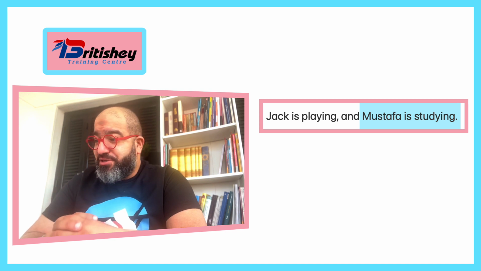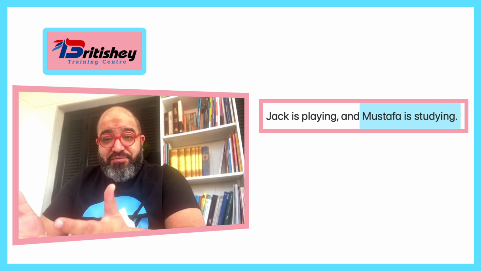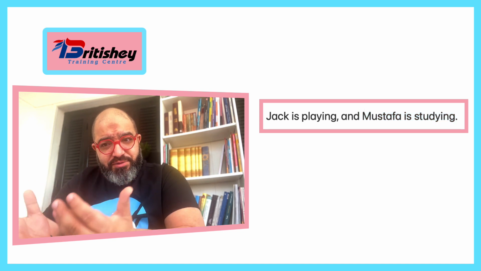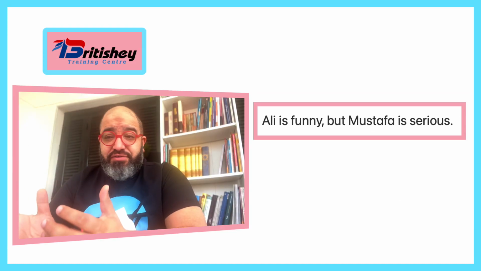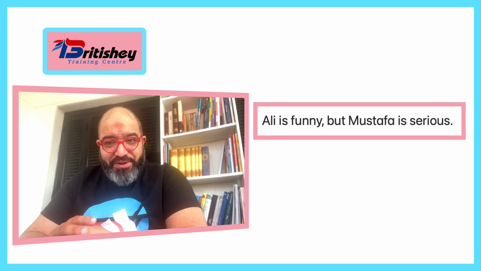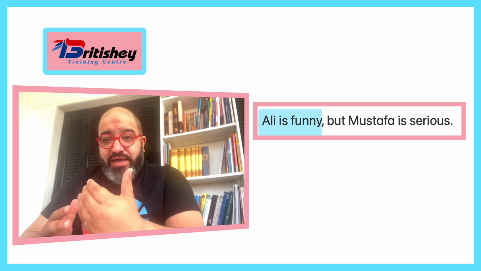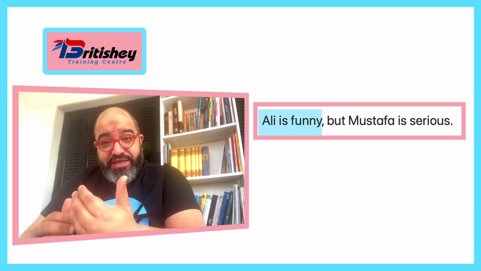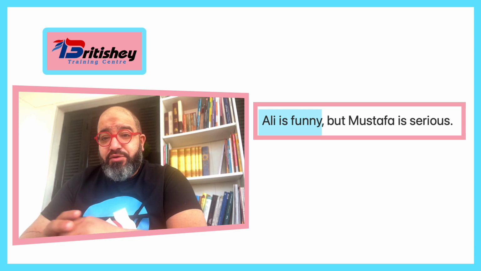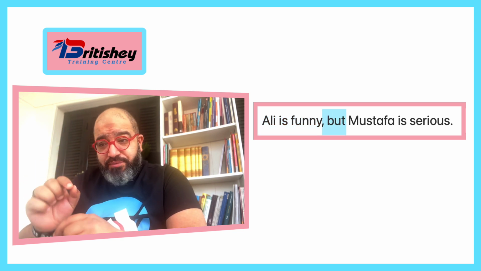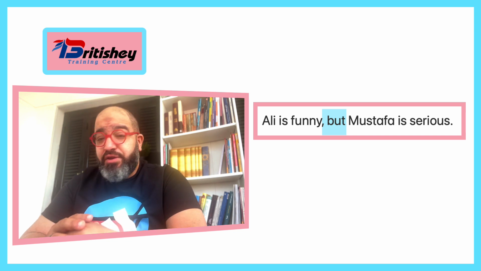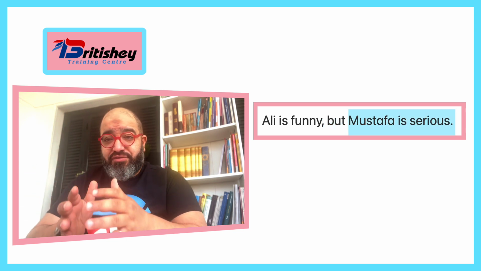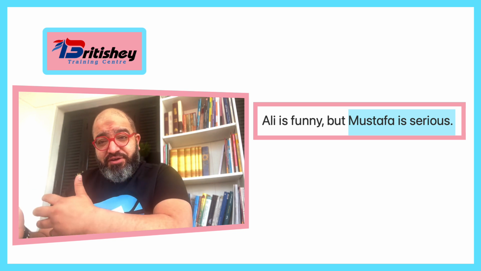Mustafa is a subject, is studying is a verb. Lovely. Right, another example. Ali is funny, but Mustafa is serious. Okay, so here Ali is a subject, is a verb, and then again the comma, and then the coordinate connector but, then also a subject and a verb. Mustafa is a subject, is a verb.